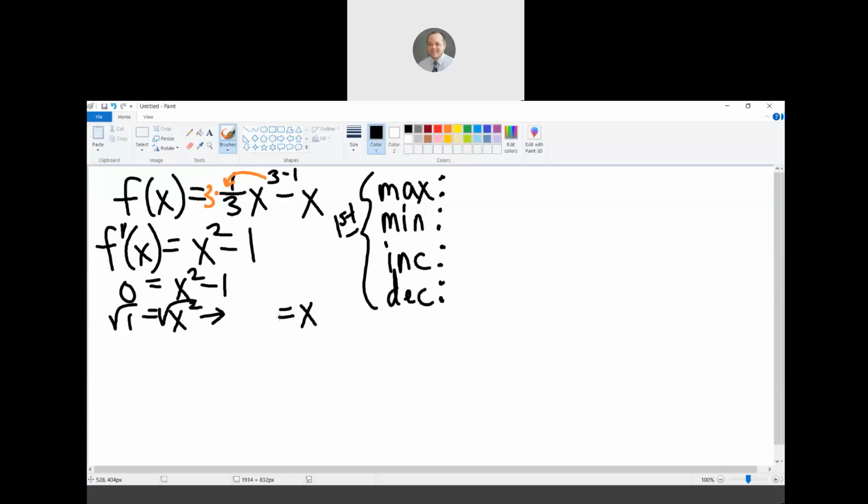And when we take the square root of 1, remember we get two answers, a -1 and a +1. So let's put those critical points on our number line.